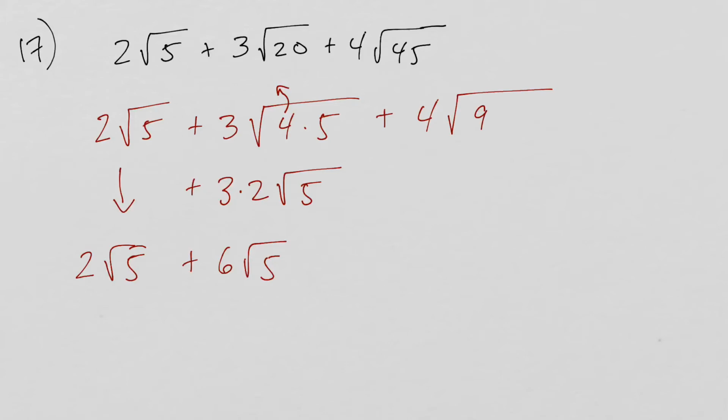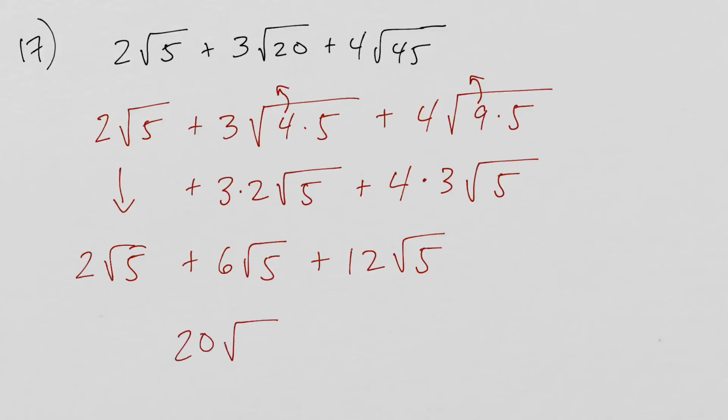I'll write the 45 as 9 times 5. 9 can come out and it square roots and becomes a 3. The 4 is out there already. The 3 came out. I'm left with root 5. So this is 12 root 5. 4 times 3 is 12. And now these are all like terms. They're all root 5. So I have 2 plus 6 is 8, plus 12 is 20. And I have my root 5.